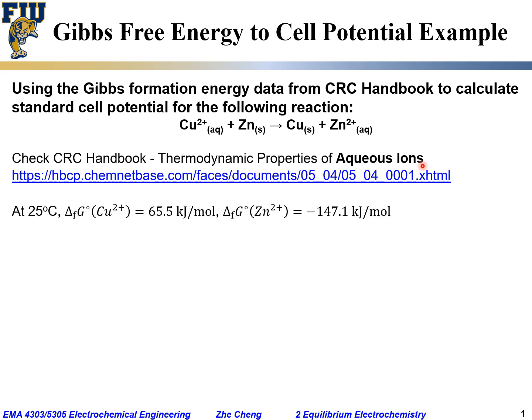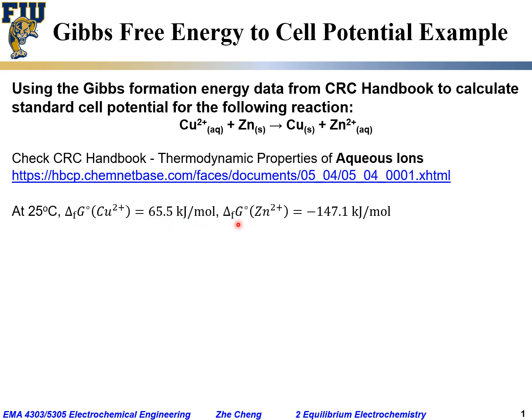If you refer to the table, at 25 degrees C, mostly for 25 degrees C, you will find delta f G0, f for formation, G for Gibbs free energy, 0 for standard state. For copper aqueous ion it would be positive 65.5 kilojoule per mole.